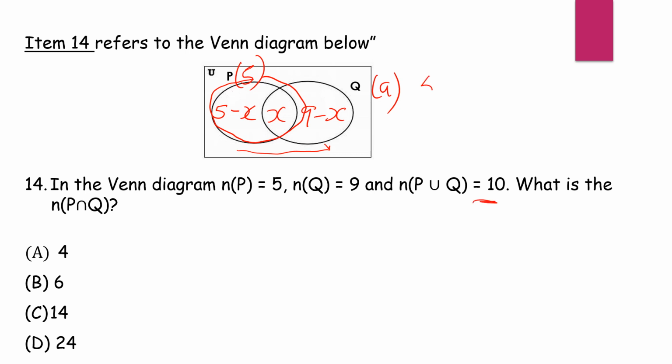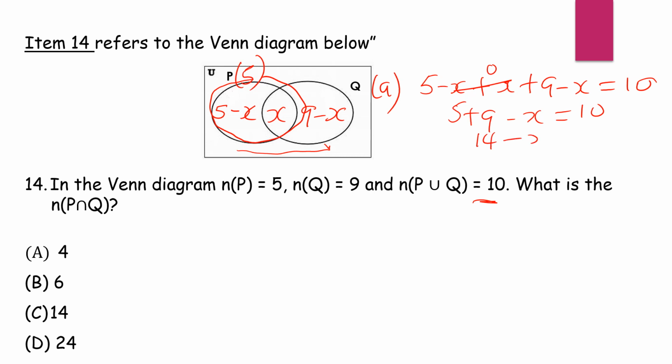So it is 5 minus x plus 9 minus x is equal to 10. So this is going to cancel. 5 plus 9 minus x is equal to 10. That's 14 minus x is equal to 10. So negative x is equal to 10 minus 14. That means x is equal to 4.